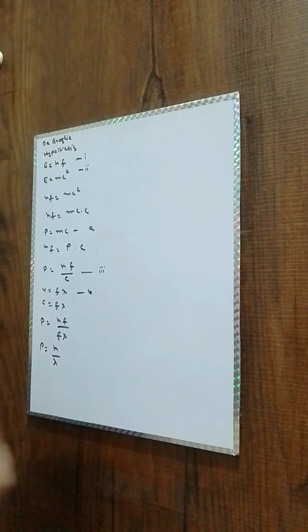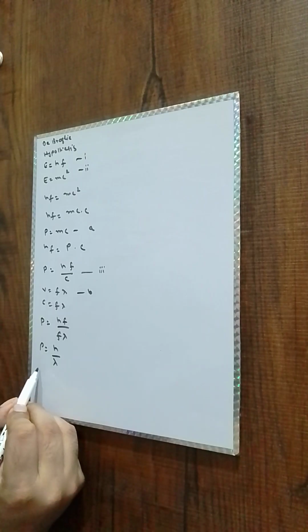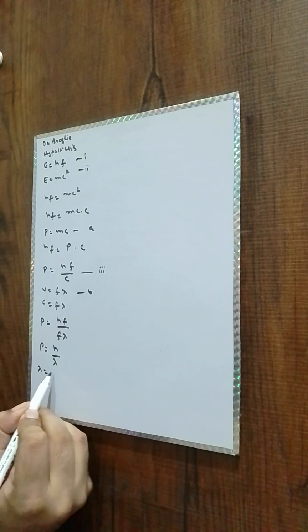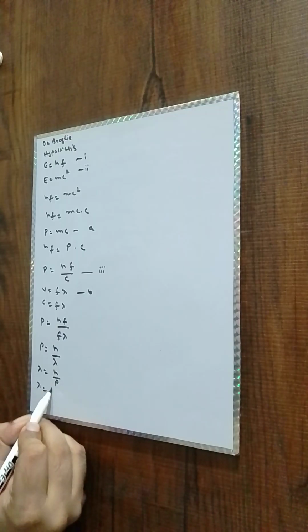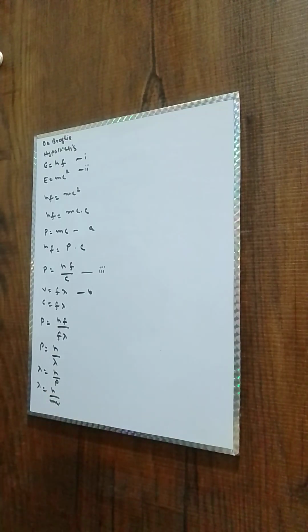So momentum is now equal to h by lambda. Lambda is the wavelength, h is Planck's constant, p is the linear momentum. So lambda is equal to h by p, and lambda is equal to h by mv.